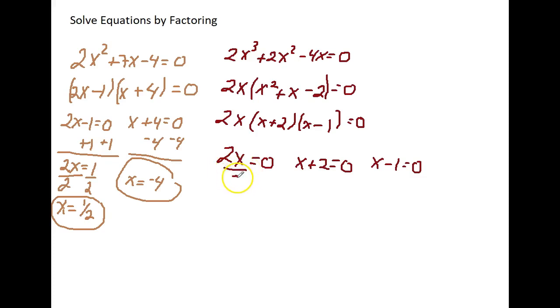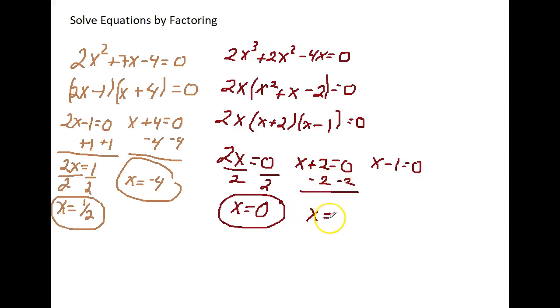Divide by 2, x equals 0, so 0 is one solution. Here, minus 2, x equals -2. There's our second solution. And add 1. We get x equals 1.